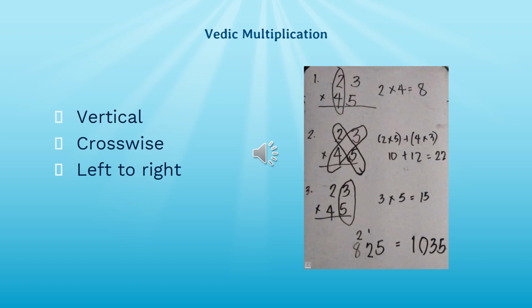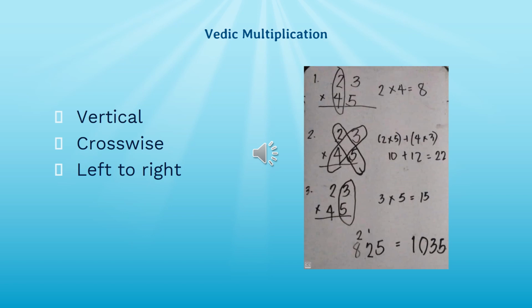In Vedic multiplication, there are three procedures or ways that are used to perform it. These are the vertical multiplication, crosswise, and the left to right. To illustrate that, I have here an example, 23 times 45.